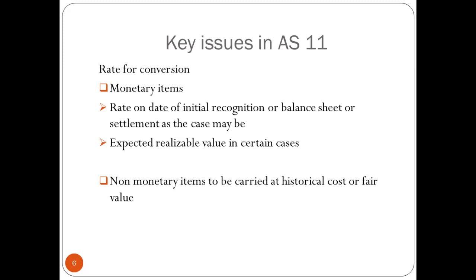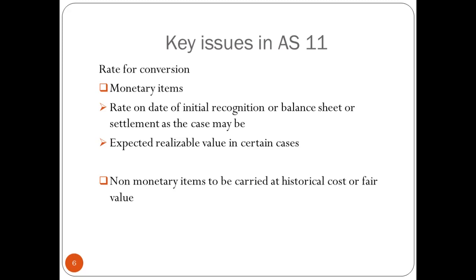What does it mean? Let me give you an example. Suppose you have some business outside India, and in that country where you're doing this business, you have a bank account where some money is lying in foreign currency. Suppose that particular country has some economic problems and there are restrictions on flow of money from that country to any other destination.